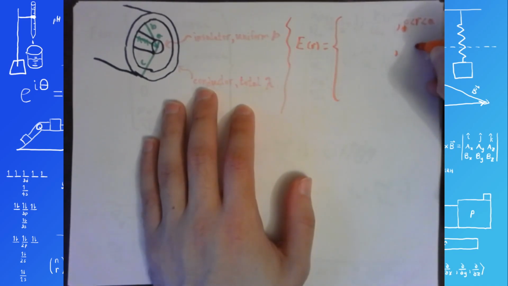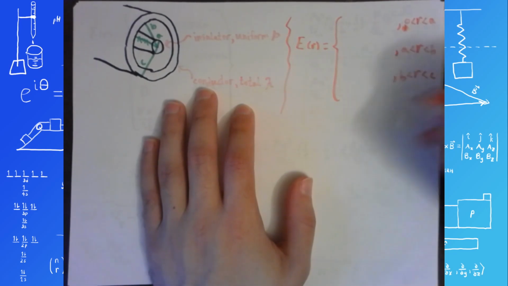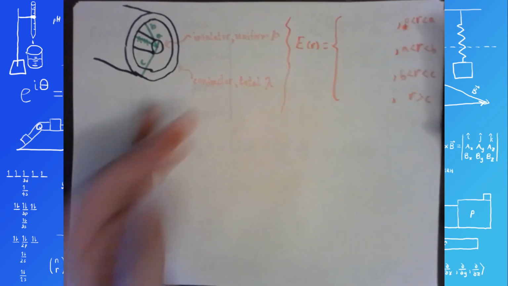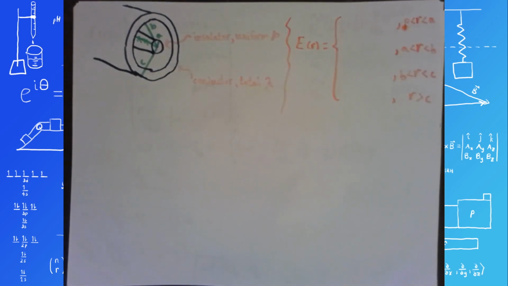And then R between A and B. And then R between B and C. And finally, R greater than C. All right, let's hope that's actually enough space to write in whatever expressions we're going to end up getting from Gauss's law. Let's hope.